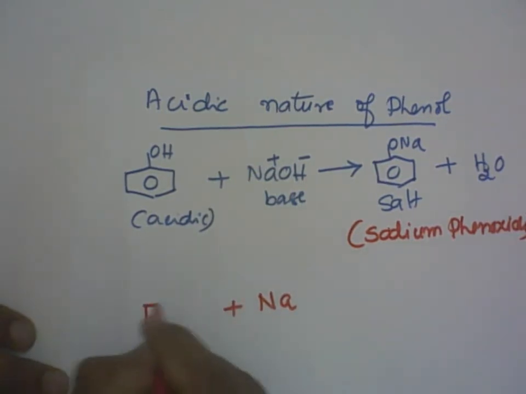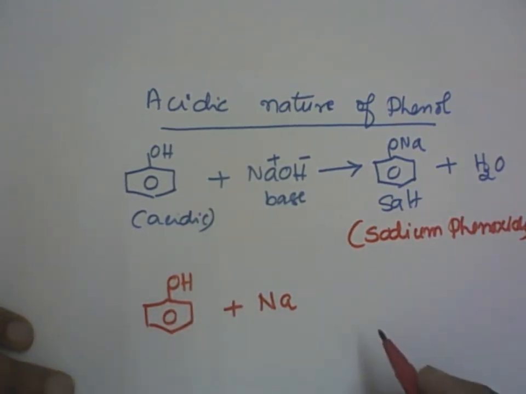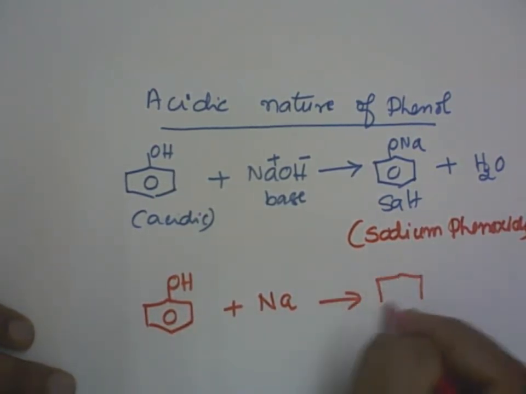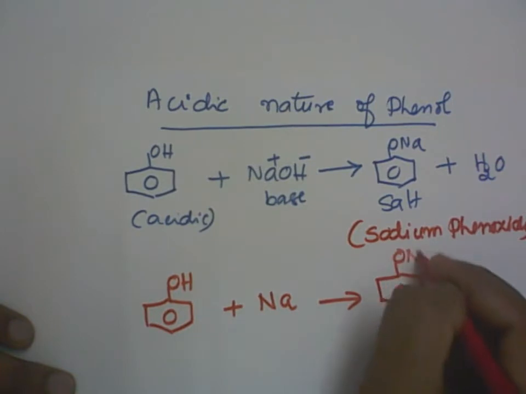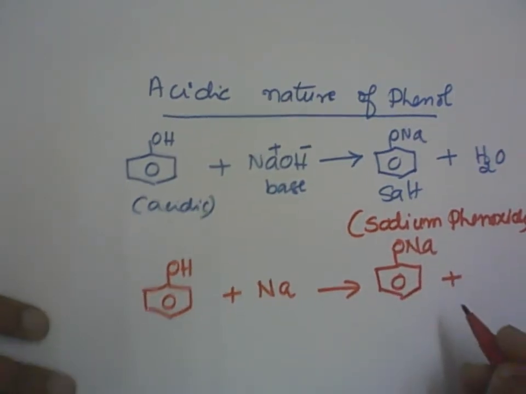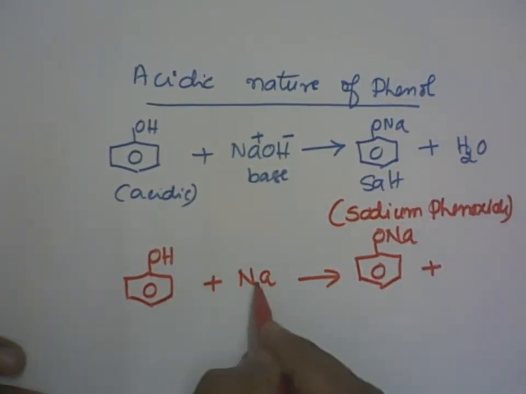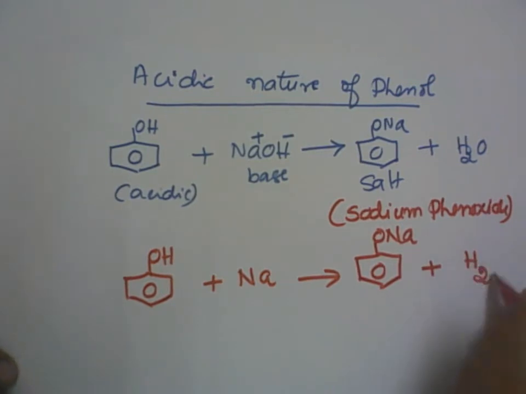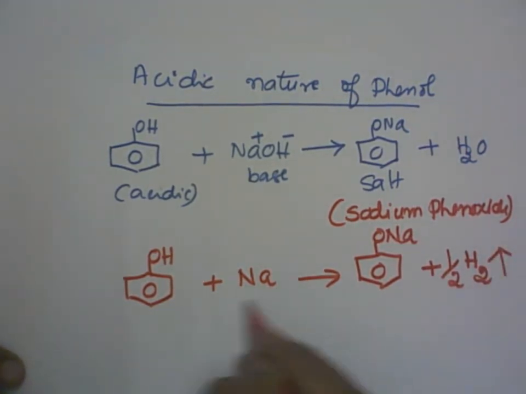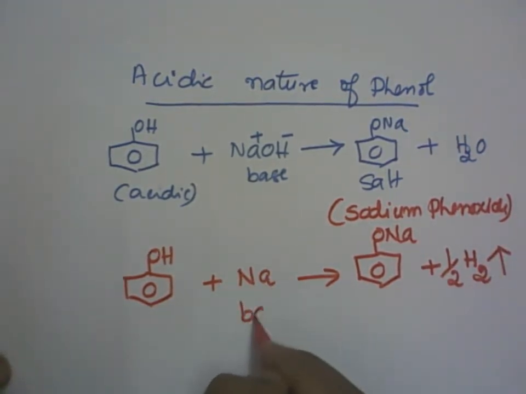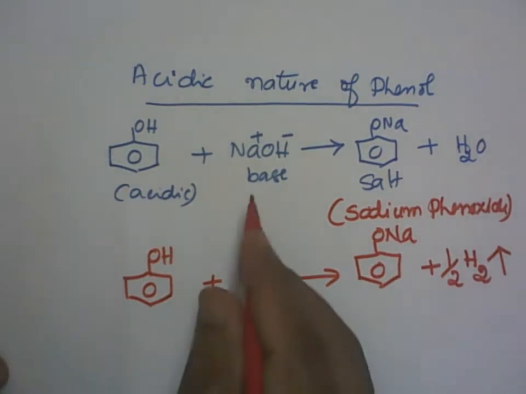It can also react with phenol to give the salt, sodium phenoxide, but it will not form water. Whenever sodium comes in contact with water or an acidic medium, it can liberate hydrogen gas. To balance the equation, I need to take half a mole. So hydrogen gas is liberated when you use sodium metal. Sodium can also act as a base, a stronger base compared to sodium hydroxide.